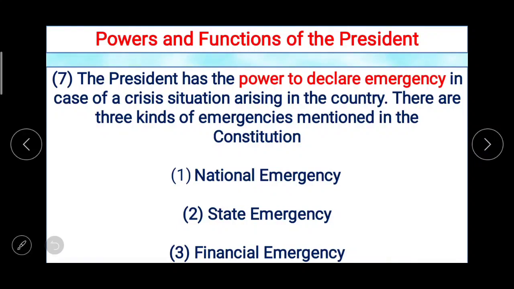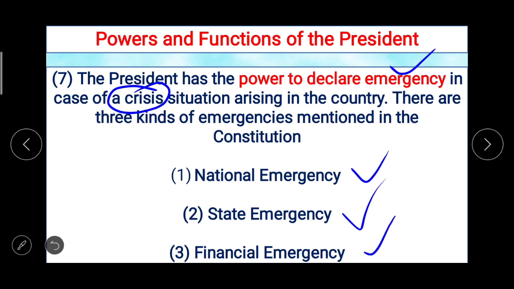The President has the power to declare emergency if anything is going wrong in any particular state or in the country, in case of a crisis situation arising in the country. And there are three kinds of emergencies mentioned in the Constitution: national emergency, state emergency and financial emergency.